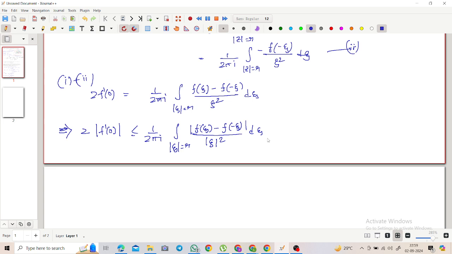Okay, so now I think we can do one thing. This thing is less than or equal to d, right? So let's put it.